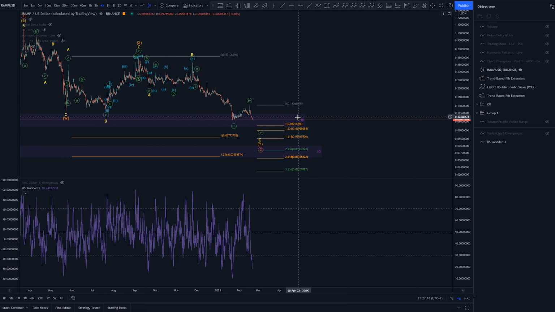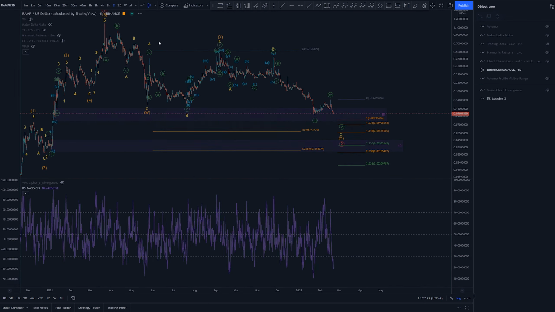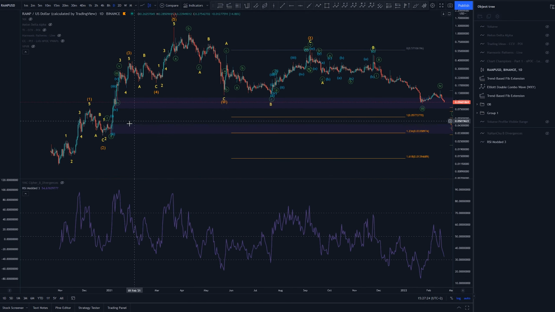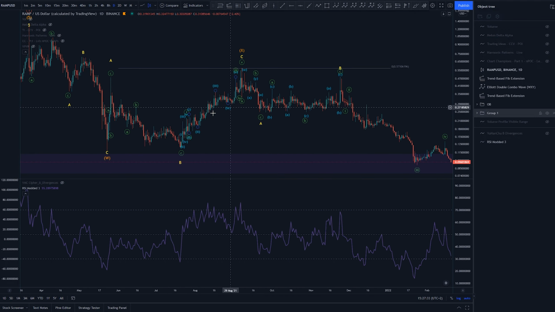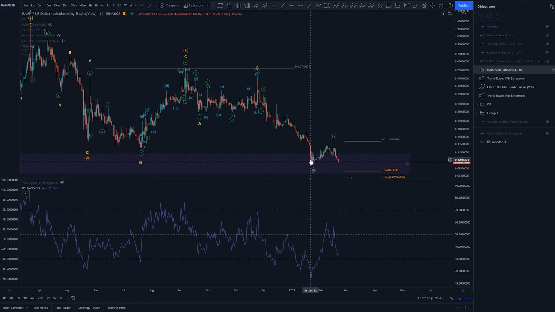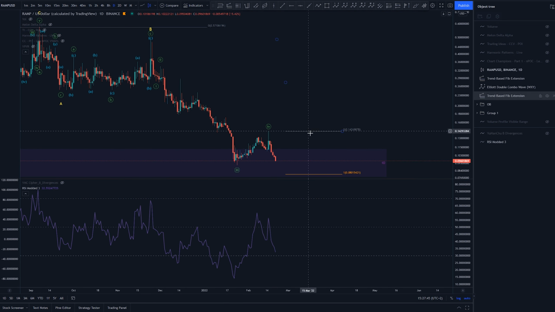We're still in this order block, 1 day order block. From here we can go back to daily so we can actually see the order block. So right here, this red bar here, and we didn't tap it until here, but the issue here is that we already got out of it, and we even backtested the order block here and got a secondary bounce, but then got back into it.